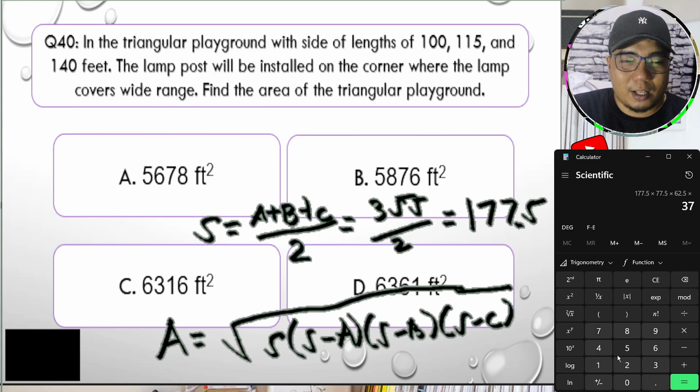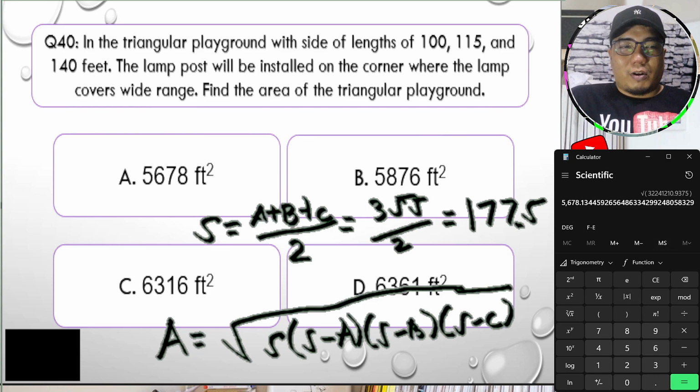So you multiply again 37.5, and that will be your answer. Then you get the square root of that, and you have 5,678. So the correct answer is letter A, my dear math learners.